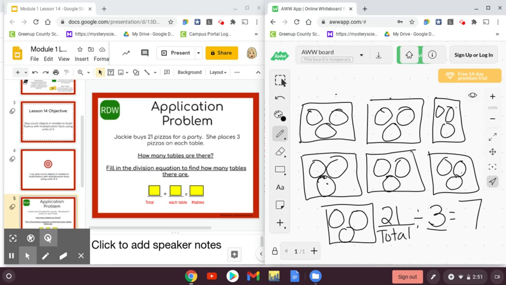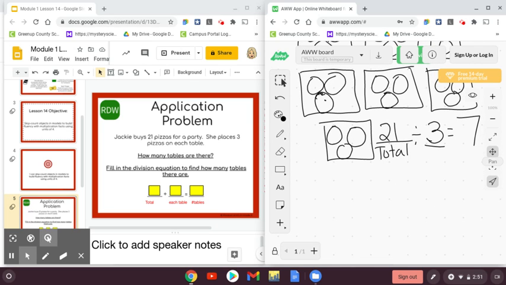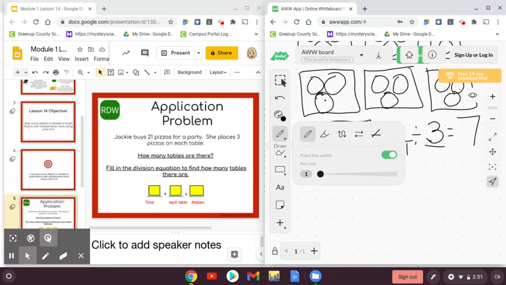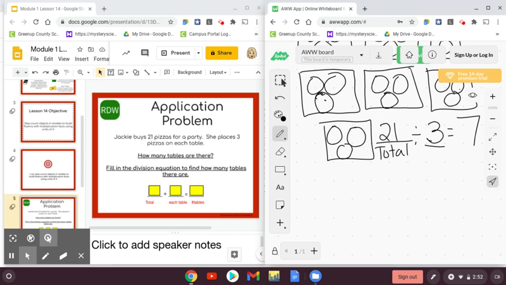So that equals 7 tables. So if I'm writing a sentence to answer my question, I'm going to use that question, and it says, how many tables are there? Well, there are 7 tables. That's how we answer that in a complete sentence. Moving on to our next slide.